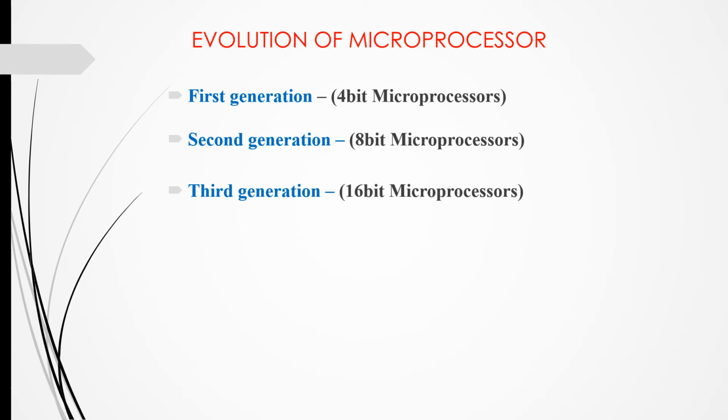There is third generation of microprocessor. Third generation includes 16-bit microprocessors. In 1978, Intel introduced its high-performance 16-bit microprocessor, the 8086, now called as IAPX86. The third generation memory space was 64 kilobytes and number of input-output ports grew from 256 each in the 8080 to 64K each in the 8086.